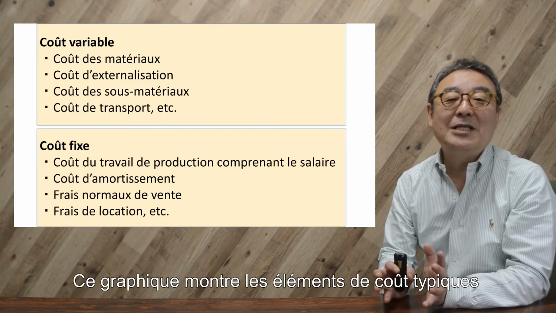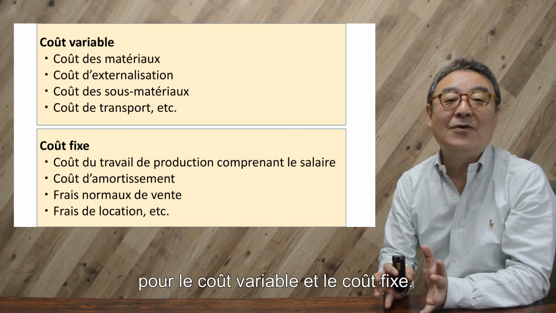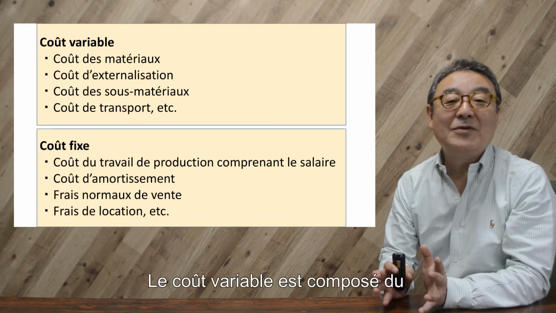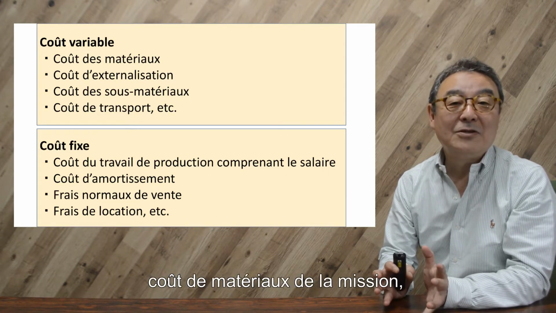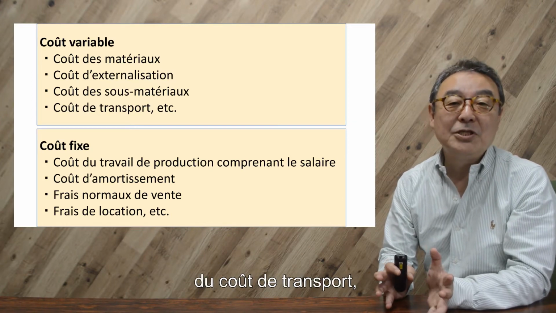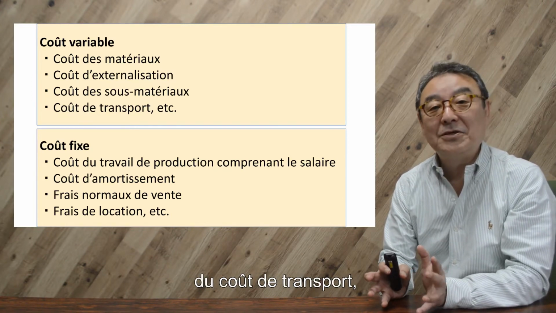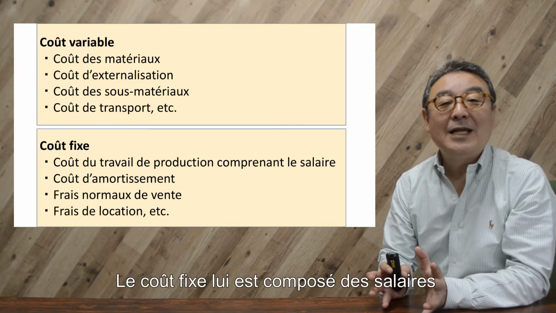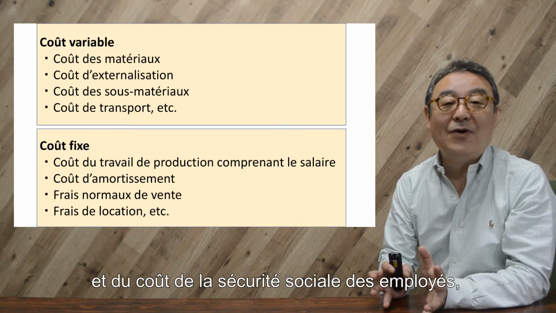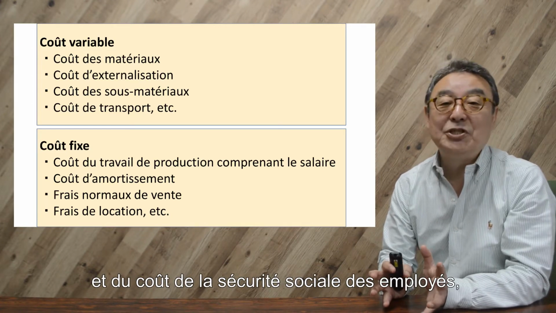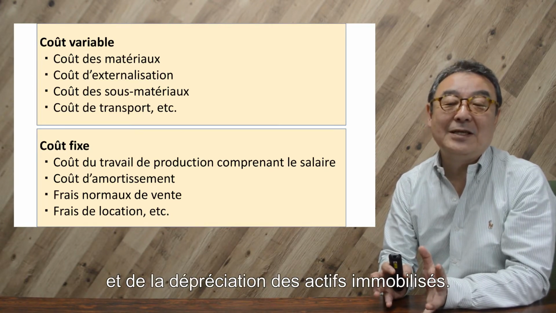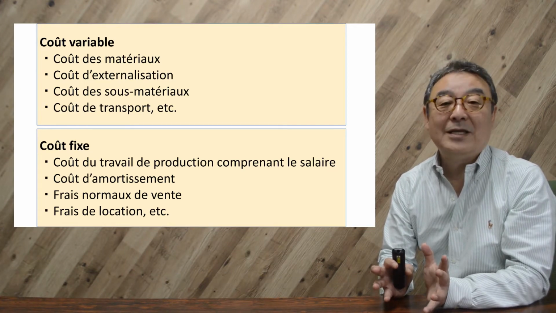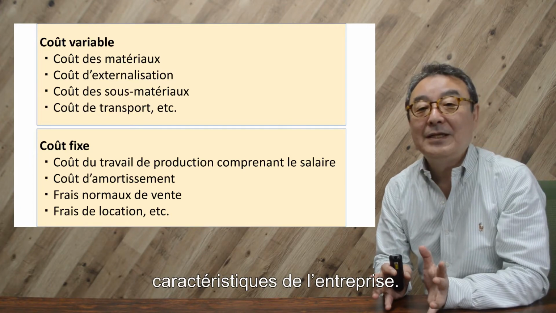This chart shows the typical cost items for variable cost and fixed cost. For variable cost: material cost, as I mentioned, and transportation cost, and outsourcing cost, etc. And for fixed cost: salary and welfare cost for the employees, and depreciation of fixed assets. However, it depends on the characteristic of the company.